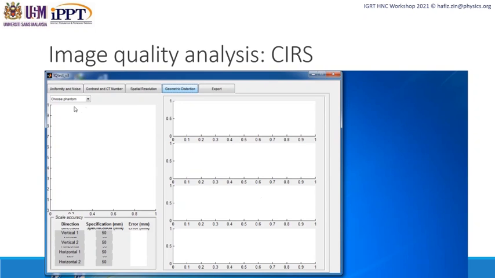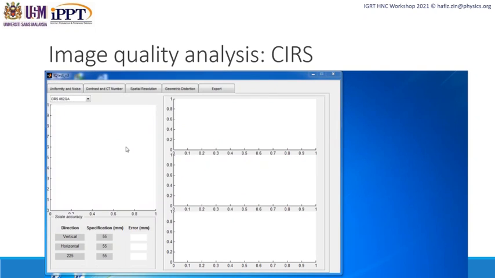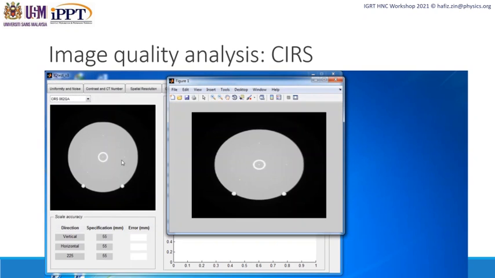The last test on the CRS phantom is the geometric distortion. First we load the corresponding slice of this test pattern. We average the 3 slices, then we select the region having the marker.